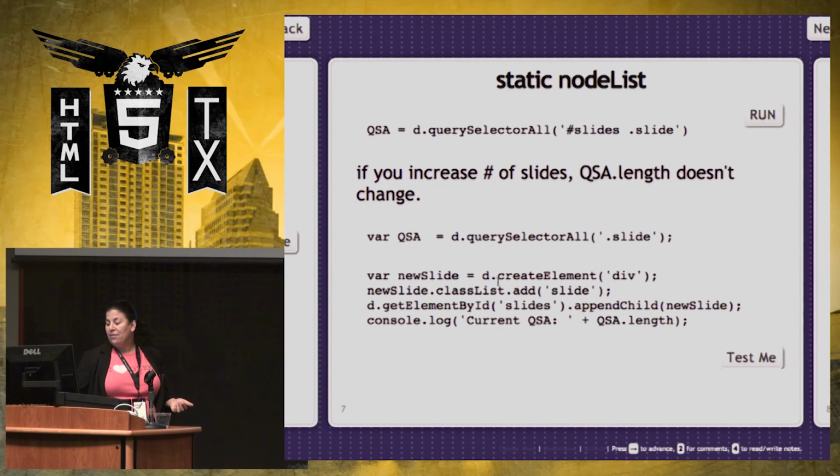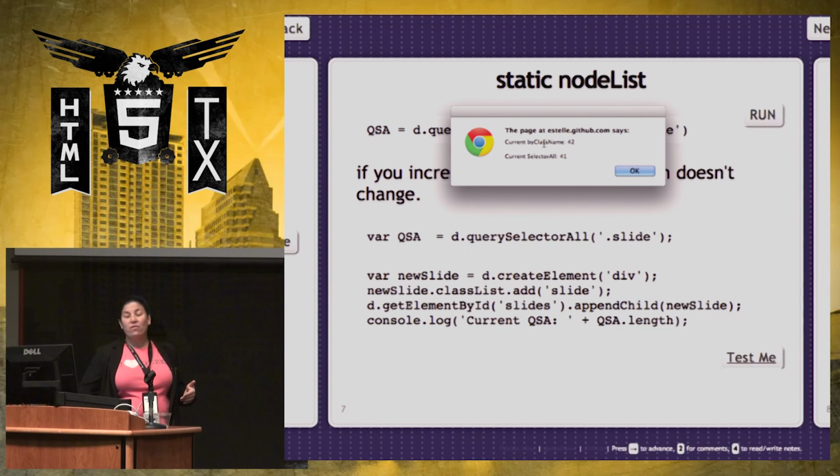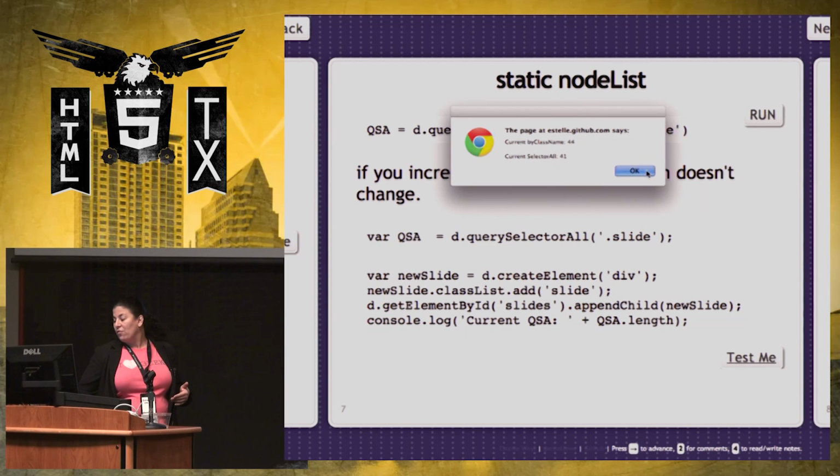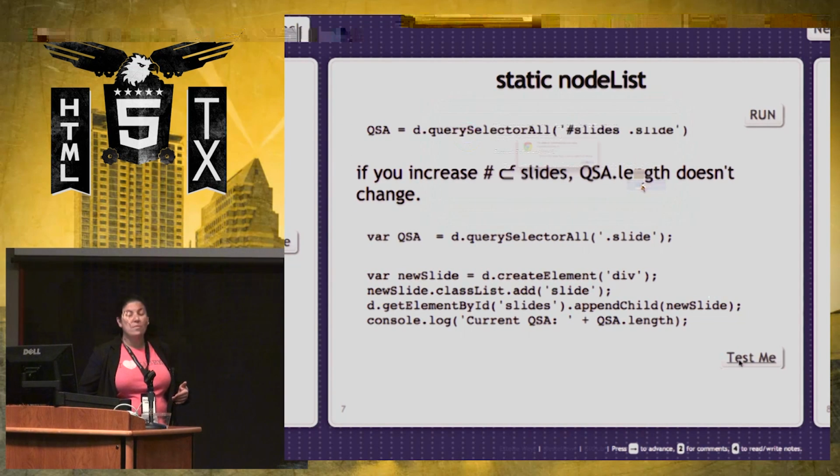What this is doing is adding a new slide just to the DOM, and then it is not doing a querySelectorAll or getElementsByClassName. It's just reporting the length. And if I test it, I now have 42 when I do getElementsByClassName, and 41 querySelectorAll. And if I test it again, 43 versus 41, 44 versus 41, and 45 versus 41.